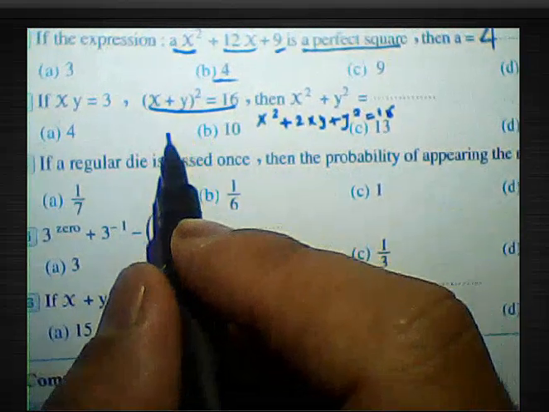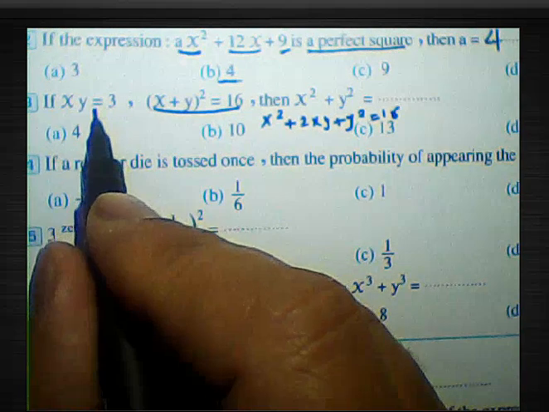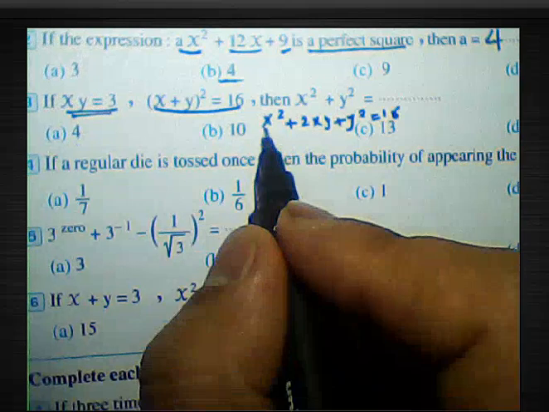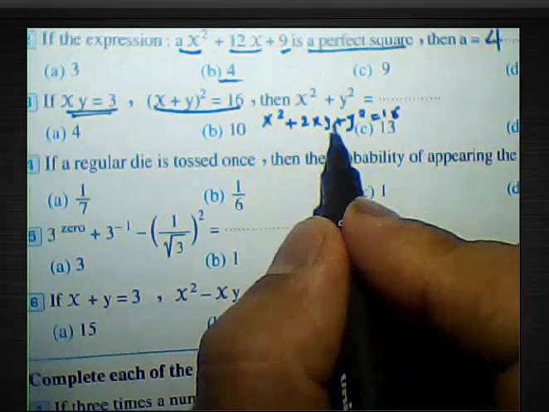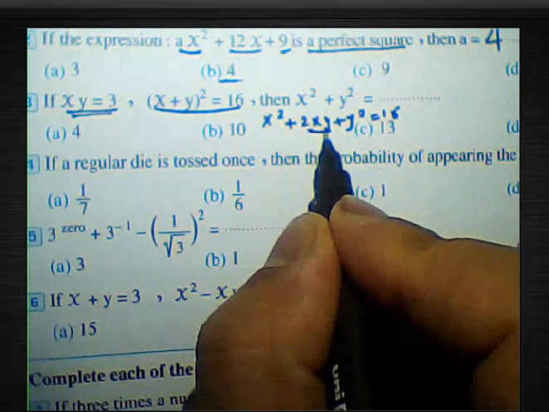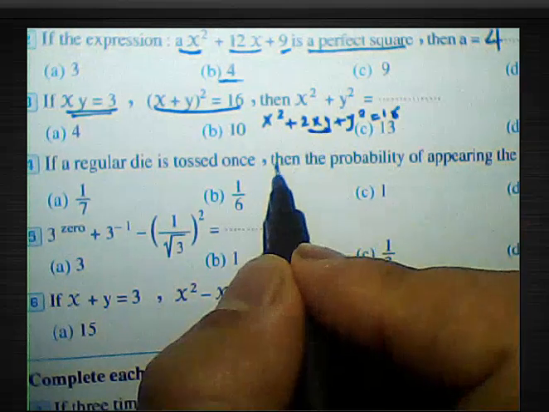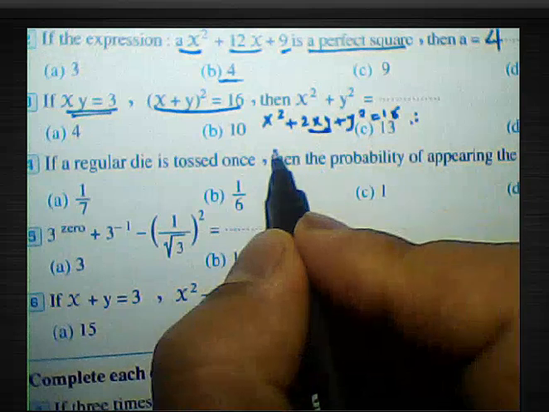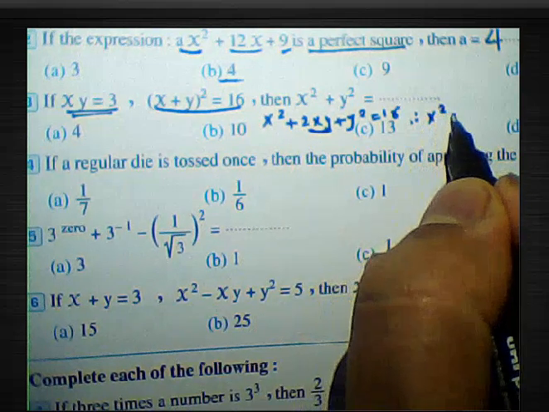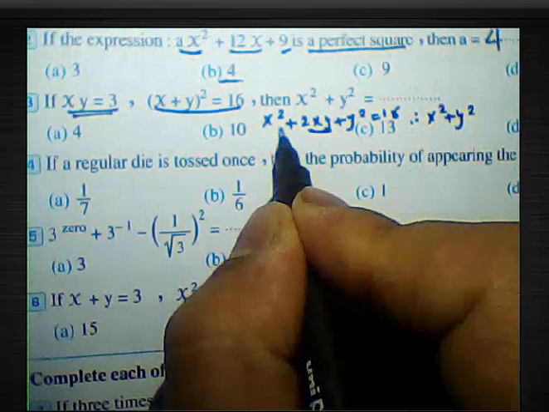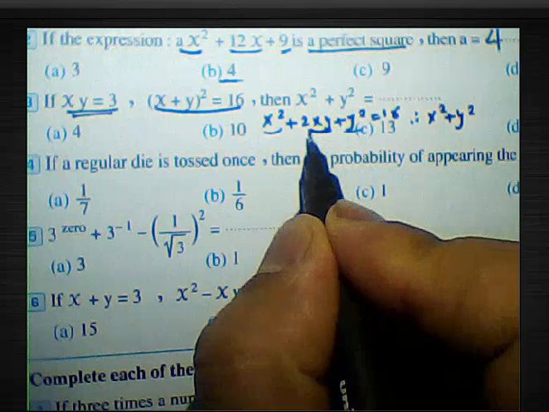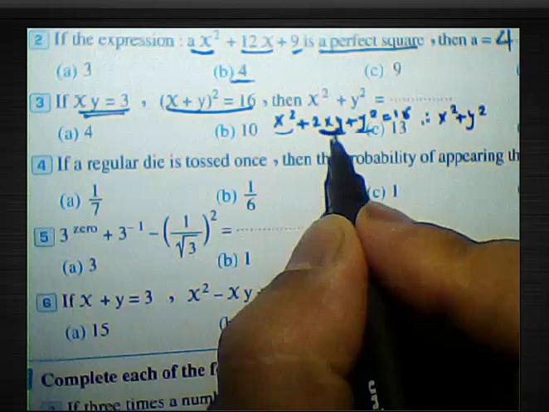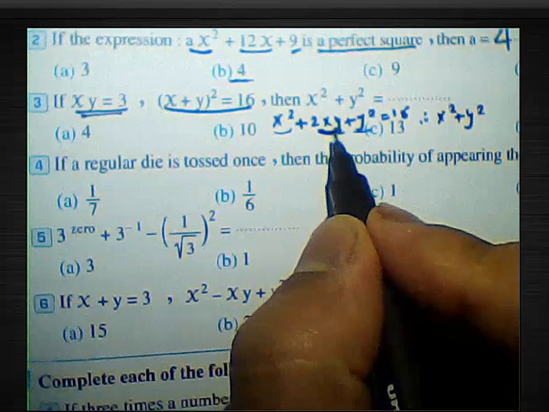And we can cancel xy and write 3. Then x power 2 plus y power 2 plus 2 multiplication by xy. 2 times 3 equals 6, equals 16. Then x power 2 plus y power 2 plus 2 times what? 2 times 3, because they give us x multiplication y equals 3. 2 times 3 equals 6.